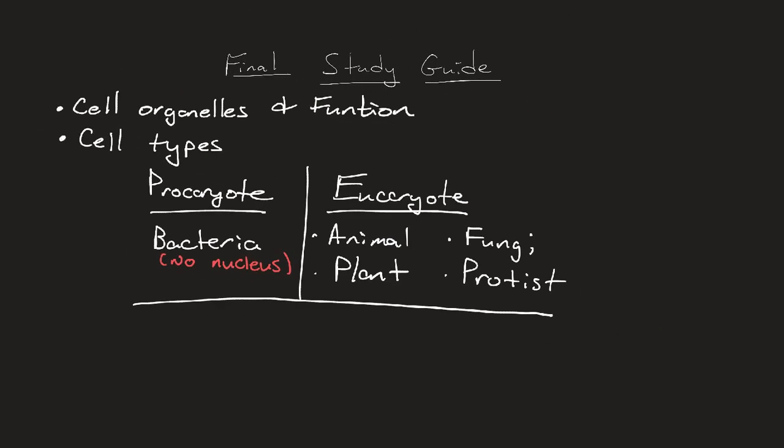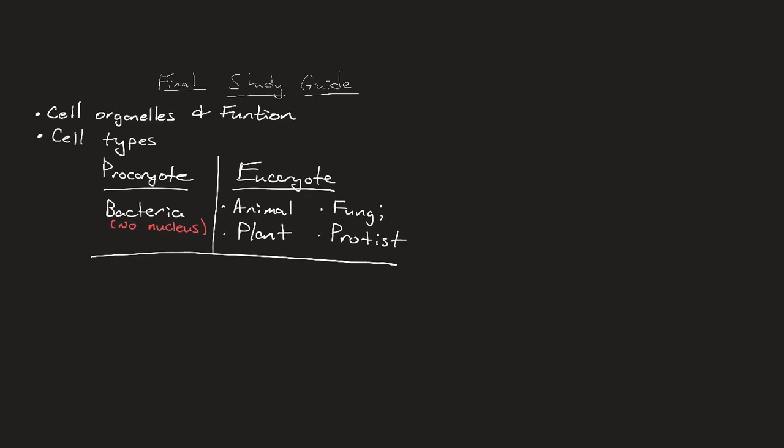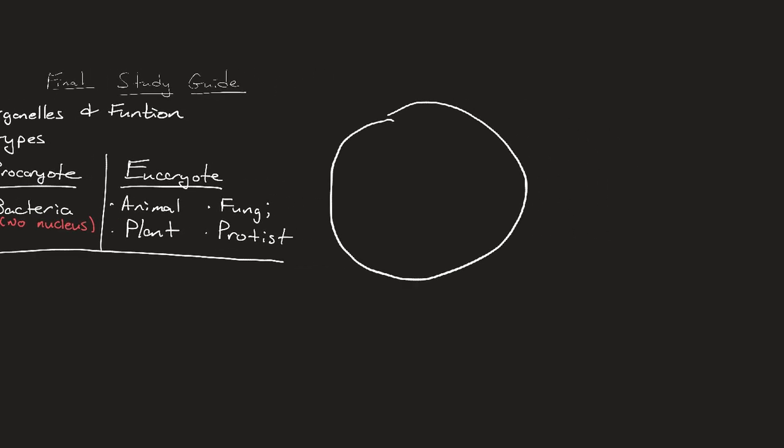Again, I'm just going to make a real quick summary by doing a Venn diagram with 4 circles.